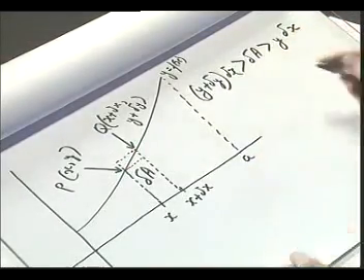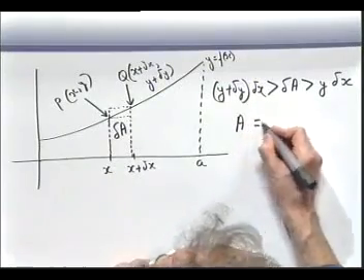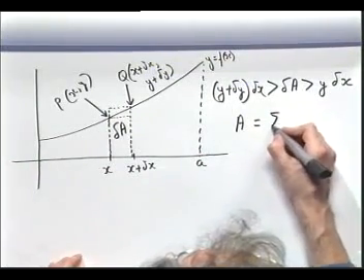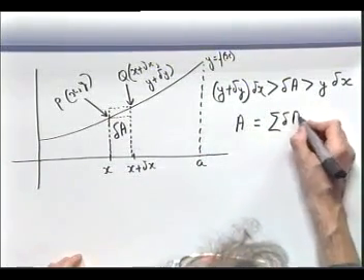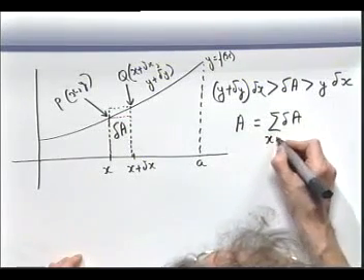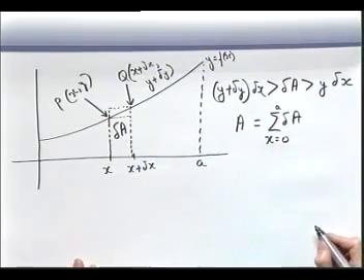So let's do that. A, the total area underneath this curve, is the sum of all these little bits of area from x equals 0 up to x equals a.